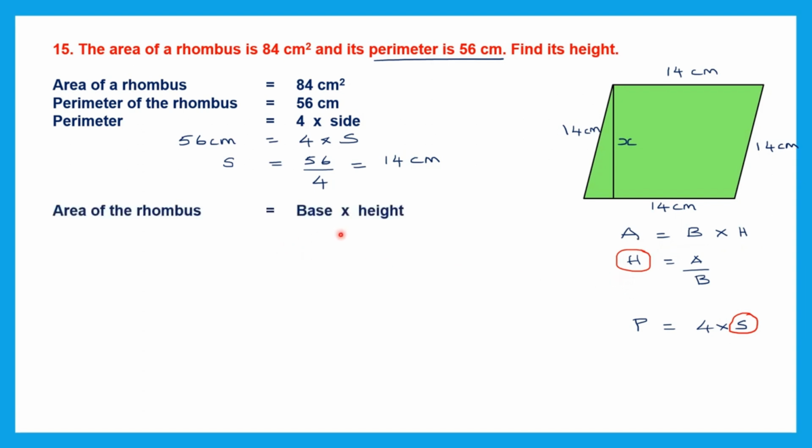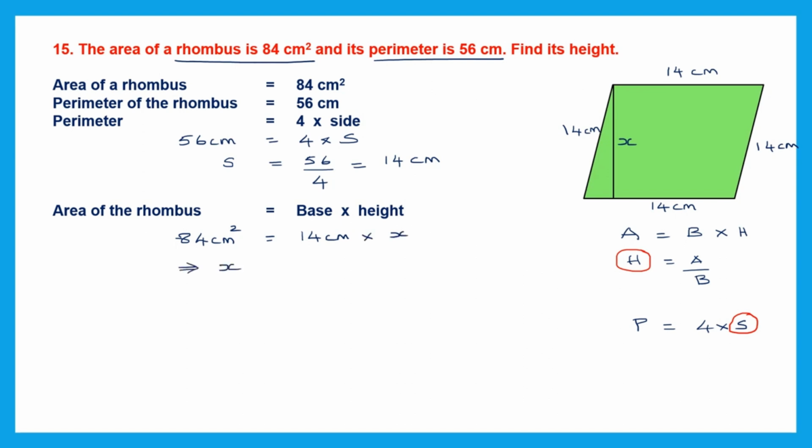Now area of the rhombus is base into height. And area is already given to us, 84 centimeter square. It's there in the question. Now base is what we just found out, that is 14 centimeters. And height we don't know, we'll call it x. So now we're going to find x. Let's bring it to the other side.